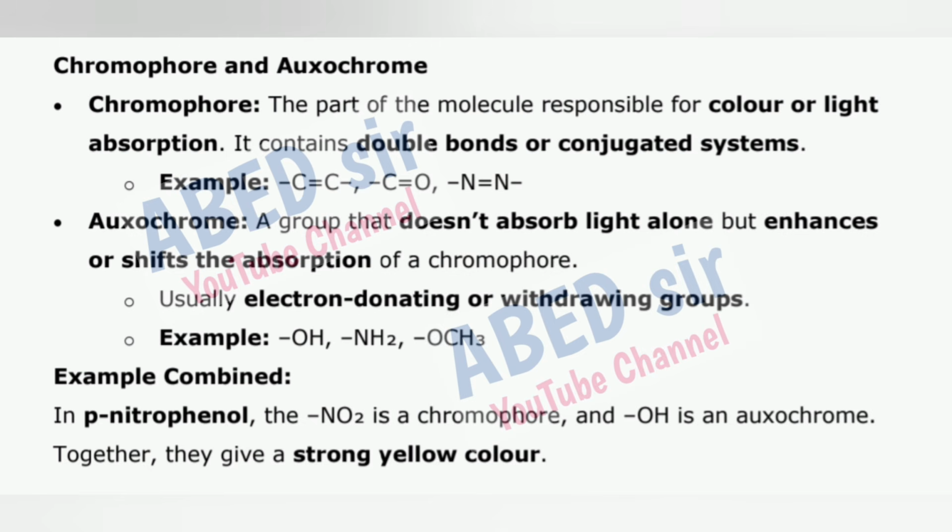Usually electron donating or withdrawing groups. Example: -OH, -NH2, -OCH3. Example combined: in p-nitrophenol, the NO2 is a chromophore and OH is an auxochrome. Together, they give a strong yellow color.